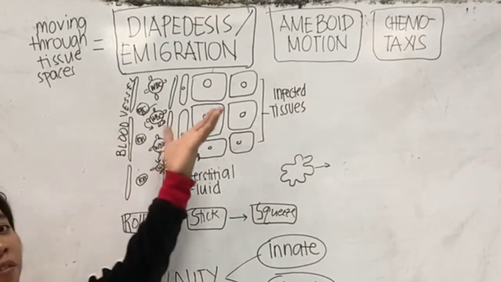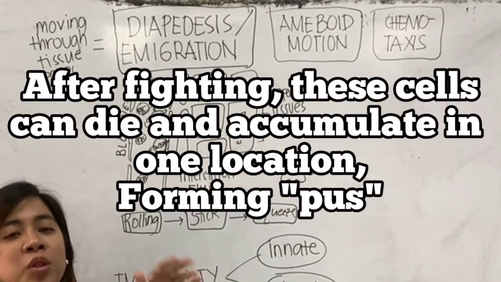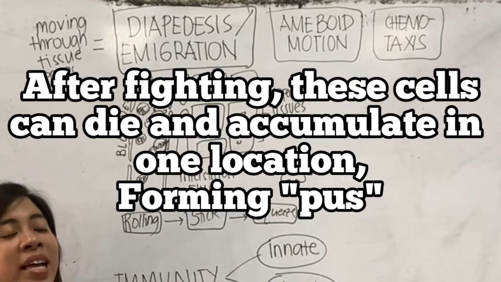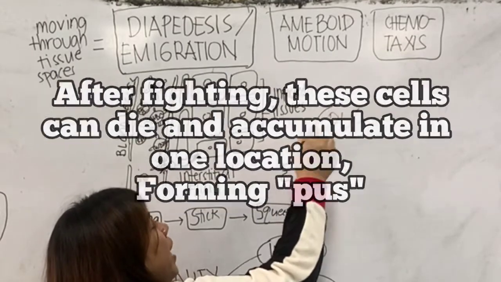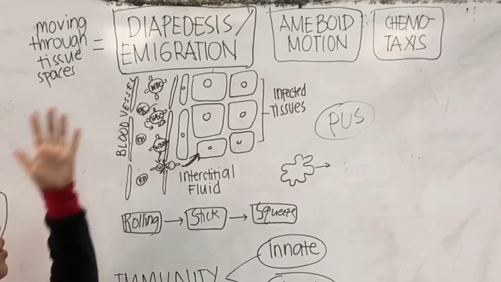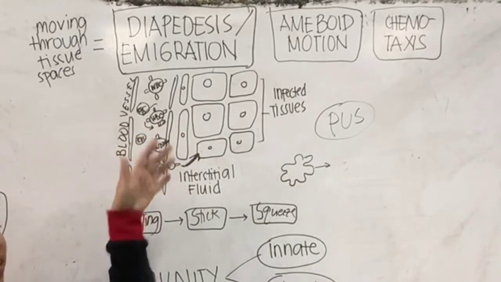And after they fight off the infection, they can die there and pile up. The graveyard of white blood cells in an infected tissue is called pus. Those are the dead white cells that have already finished their function in the infected tissues.